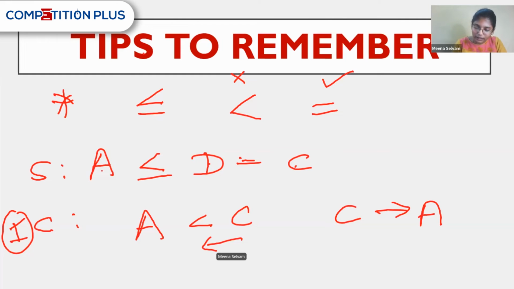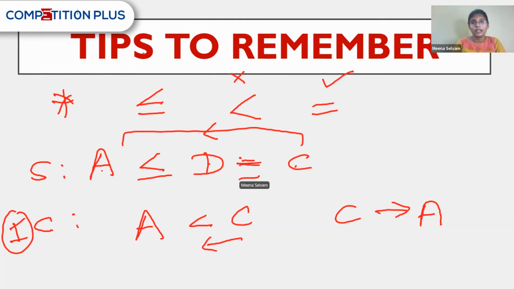Now again check whether it is possible to move from A to C, C to A or not. The first thing, you have an equal to symbol. So the equal to symbol allows you, right? So you can pass through this. Next symbol, you have less than or equal to, but our conclusion says that it is A less than C. So that is not true.